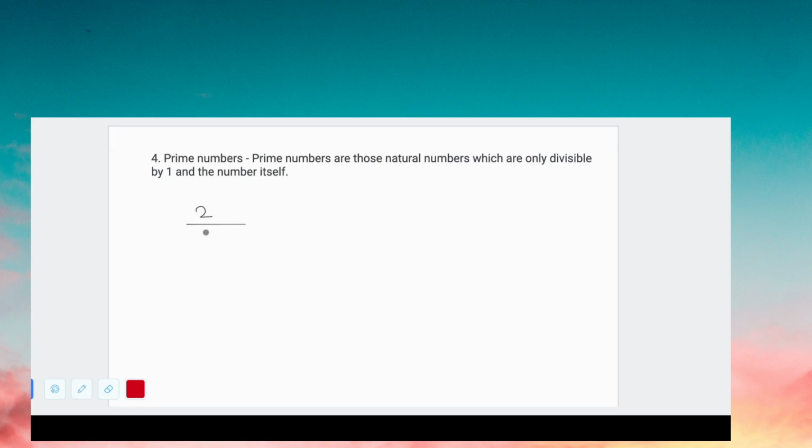So 2 can be divided by 1, because 1 times 2 is 2, with remainder 0. Prime numbers are those natural numbers which are only divisible by 1 and by themselves.